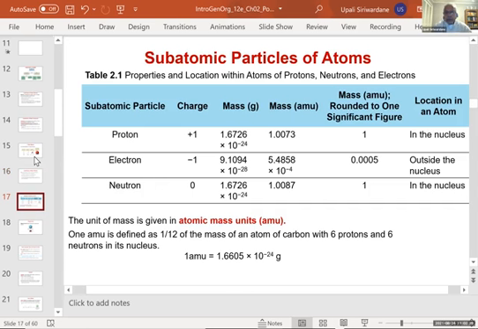Now we're going to go into more details about atoms.